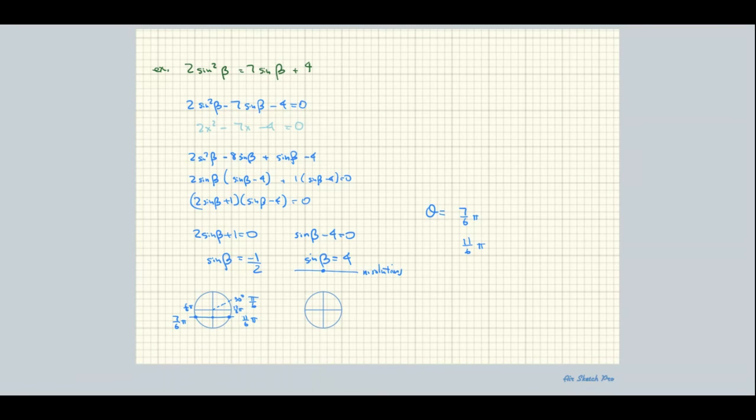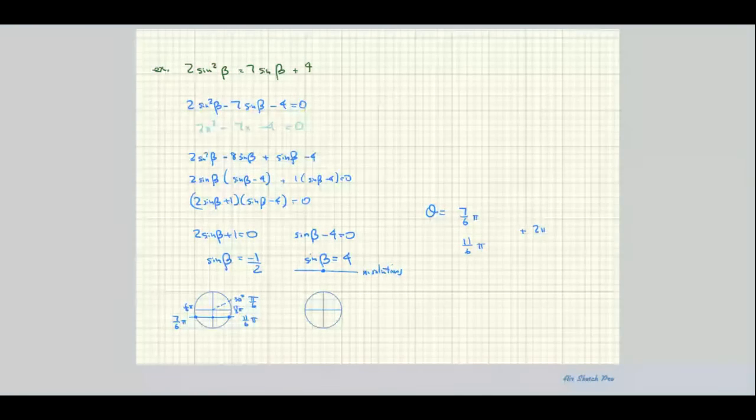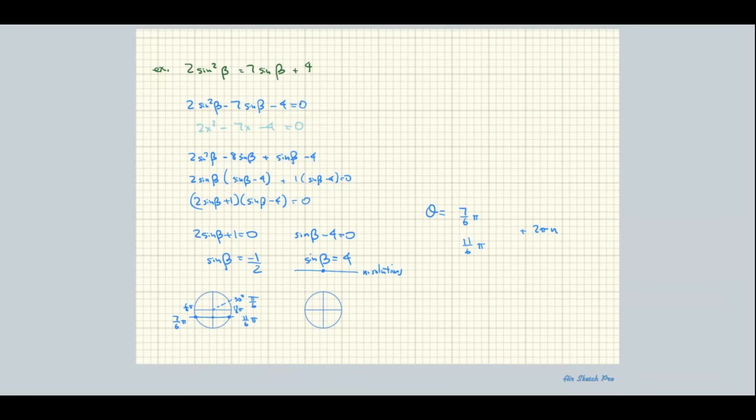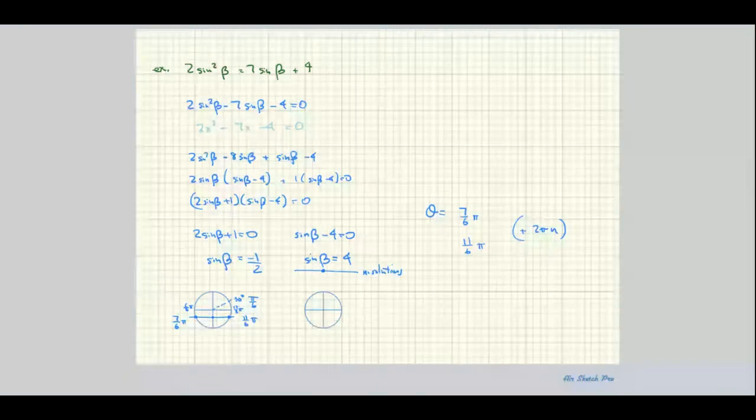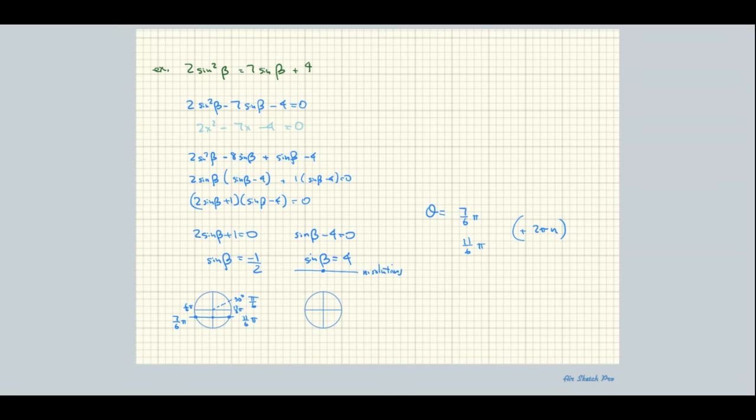That's all the solutions between 0 and 2 pi, right? And remember, again, if I wanted all of the solutions, I would include the coterminals by adding in multiples of 2 pi or 360 degrees. If we find from 0 to 2 pi, we have them all as soon as we add all the multiples.